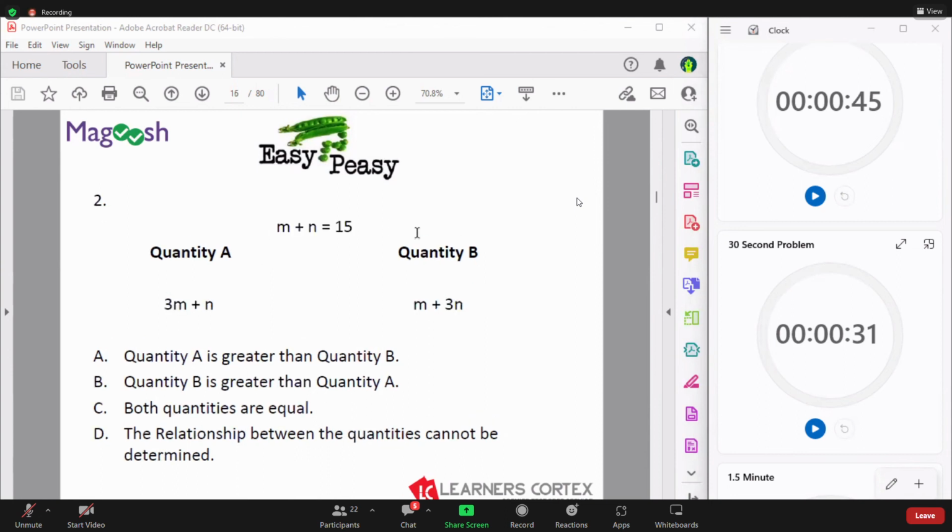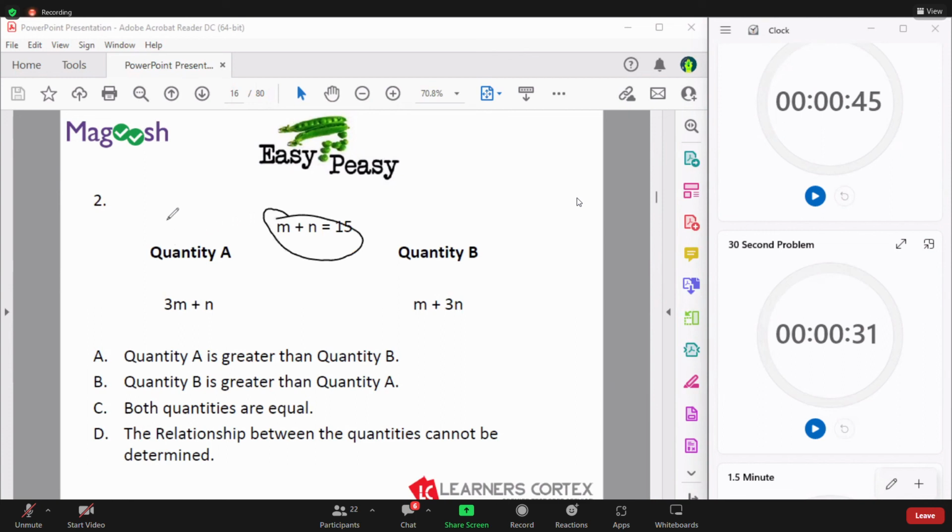Next question, m + n equals 15. Which one is greater?